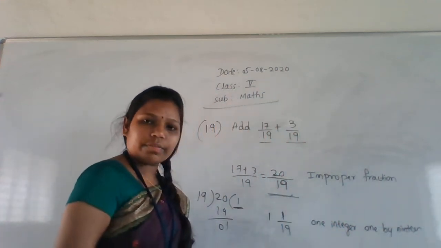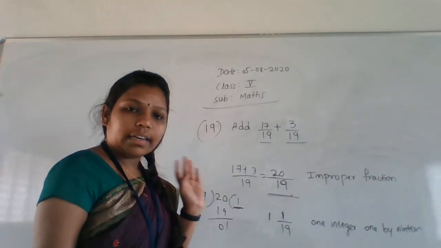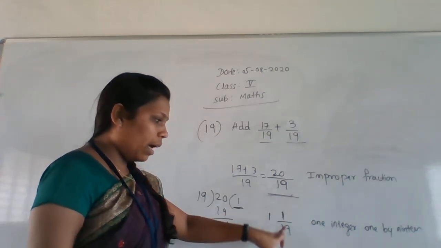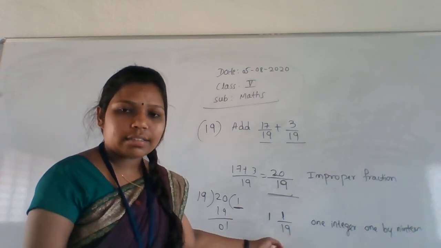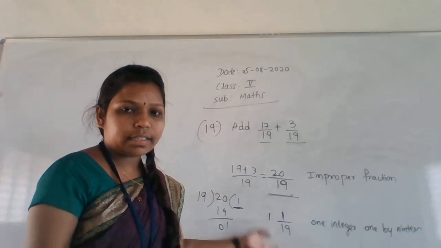One integer 1 by 19. You have to read it like that. This is called the mixed fraction.